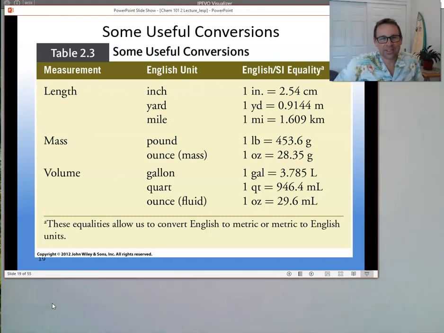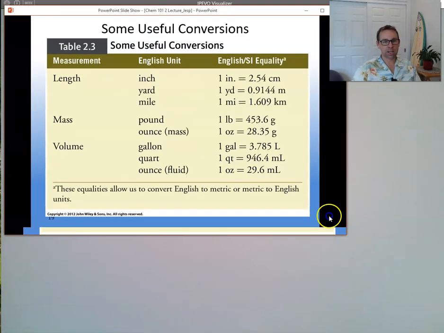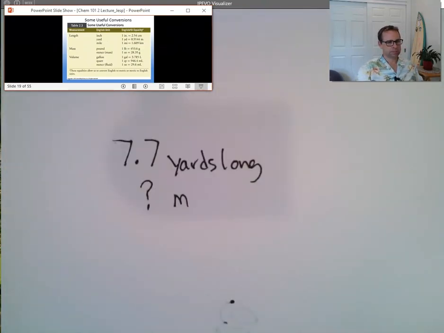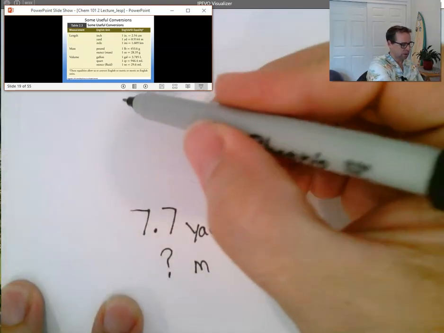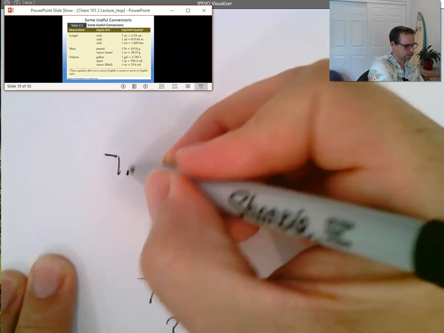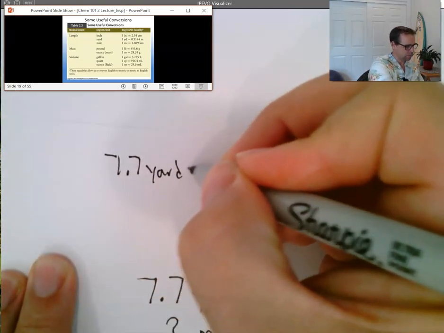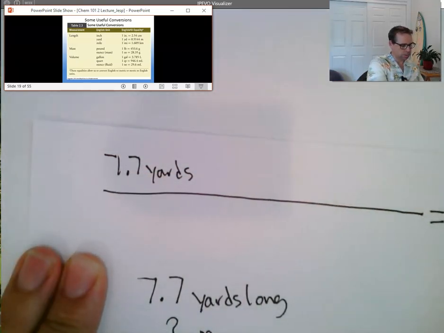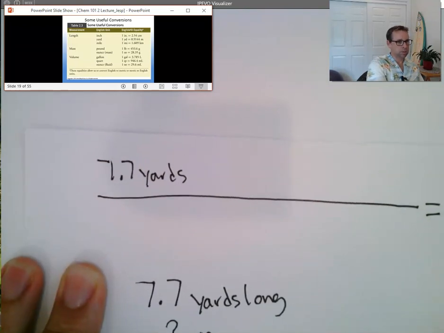I don't know. And the answer isn't as important as how we set it up. But do you want to show me how you set that up? Or do you want to talk about that one more? Here's how I would set it up. I'd want to know if I had 7.7 yards, I would draw 7.7 times 0.9144. Okay.